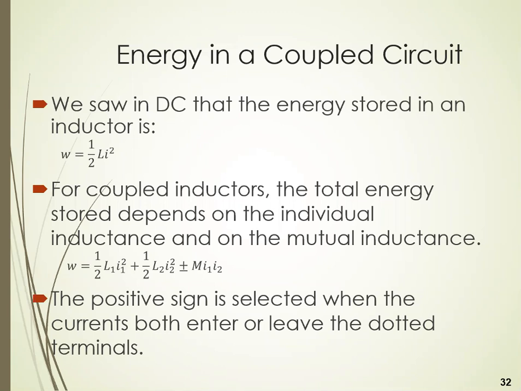For coupled inductors, the total energy stored is going to depend on the individual inductance and also on the mutual inductance. So now you have the added term due to the mutual terms.